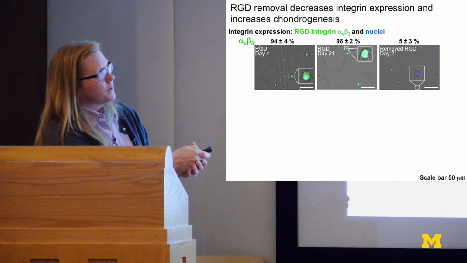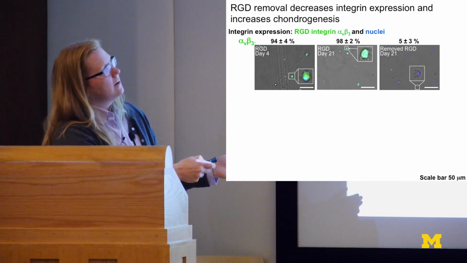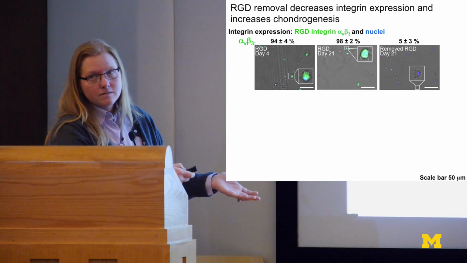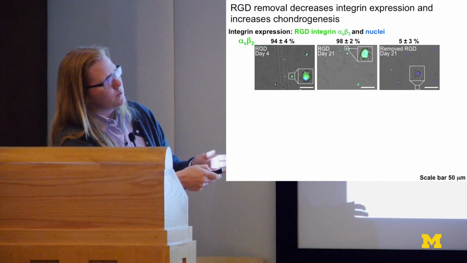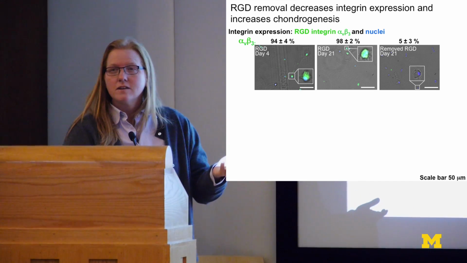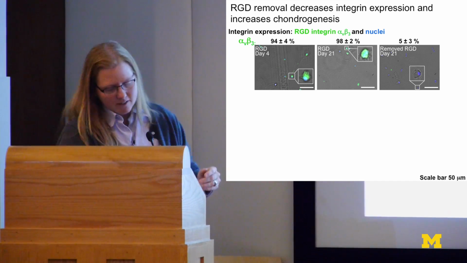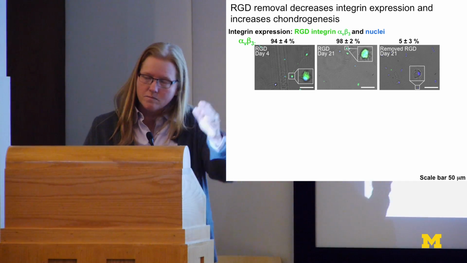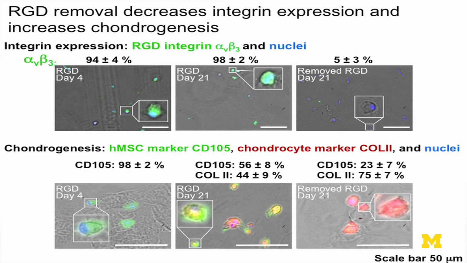And when the RGD persists and remains in the gel for the whole experiment over 3 weeks, almost all the cells are positive for that. But when we cleave it at day 10 and then look 3 weeks later, we see very, very few cells positive for that integrin. So removal of that RGD influences the integrin expression on the cell. So that's evidence that they're interacting with our signal, and then evidence that it influences chondrogenesis.